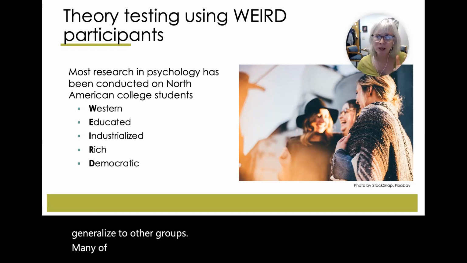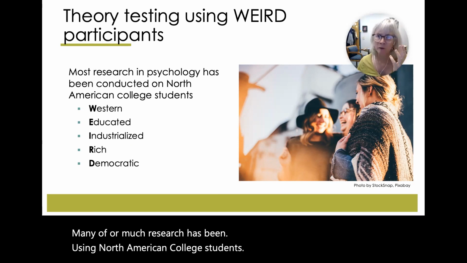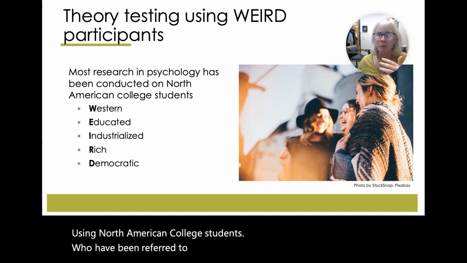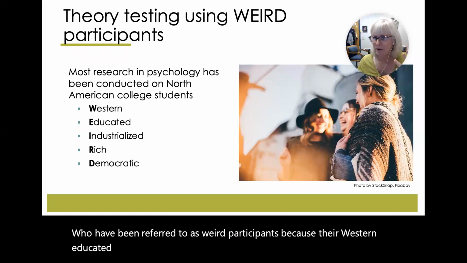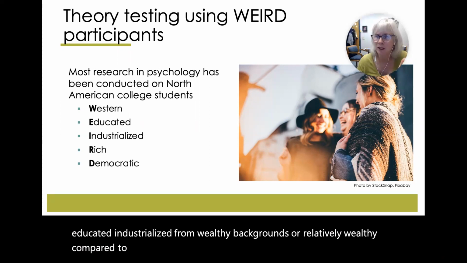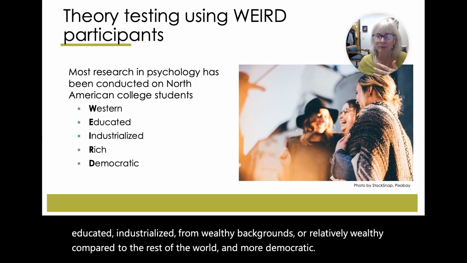And much research has been done using North American college students, who have been referred to as WEIRD participants because they're Western, educated, industrialized, from wealthy backgrounds, or relatively wealthy compared to the rest of the world, and from more democratic cultures.